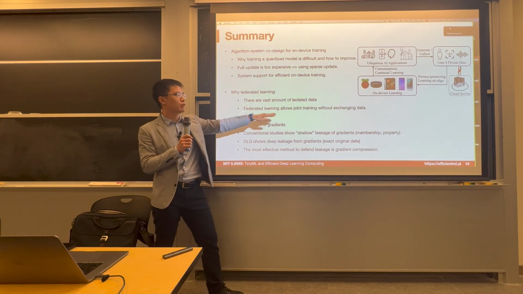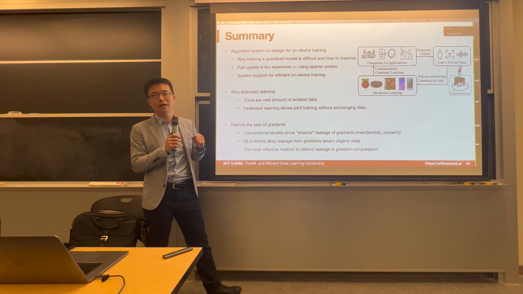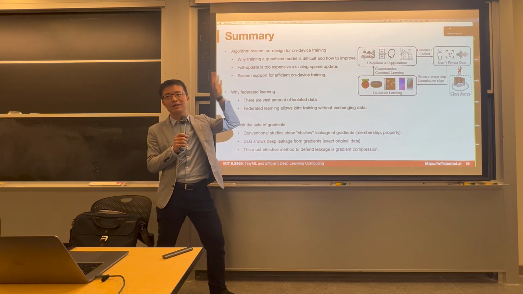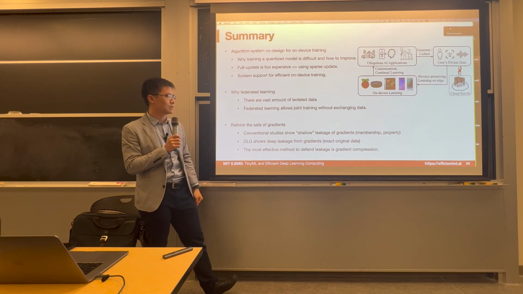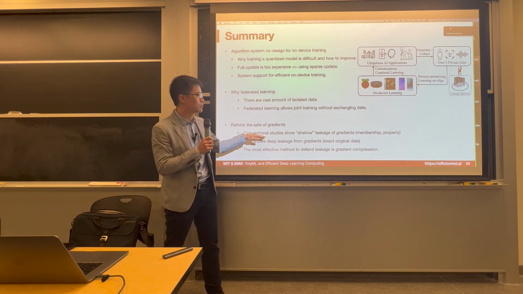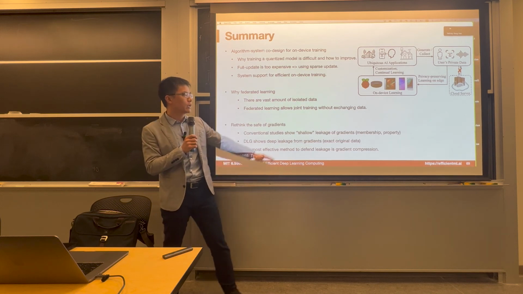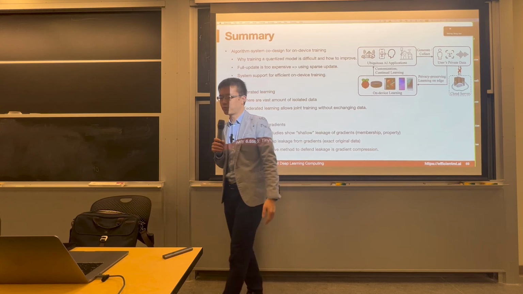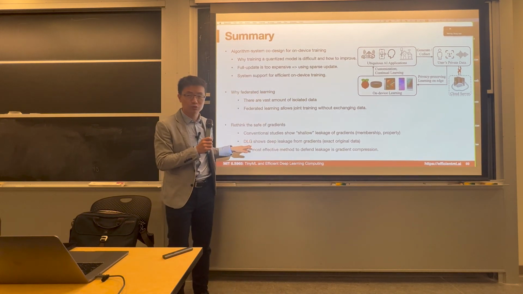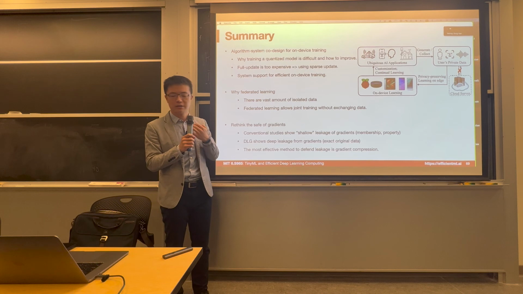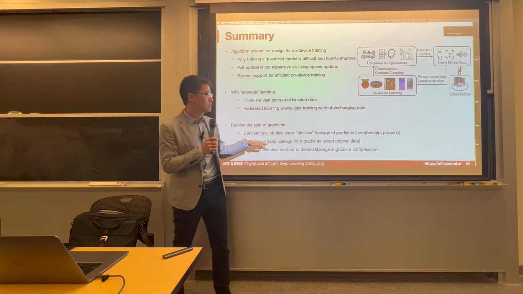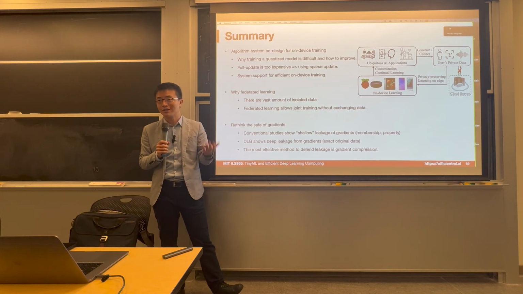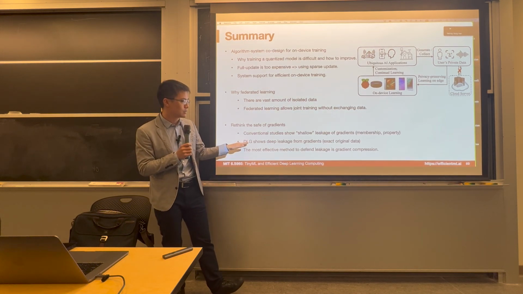But we want to rethink the safety of this paradigm by examining the possibility of leaking the input image by examining the gradient. Conventional wisdom shows that we can only leak high-level information like membership or certain properties, but deep leakage from gradients, our NeurIPS 19 paper, shows it's actually possible to leak the full image and also the text from the gradient.